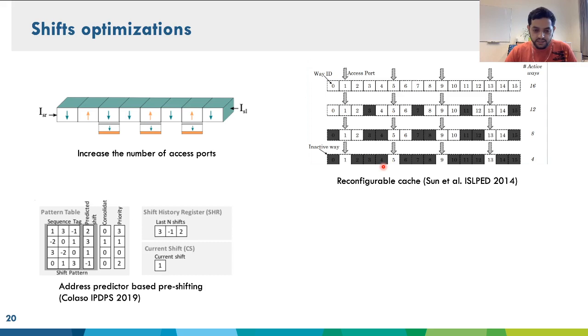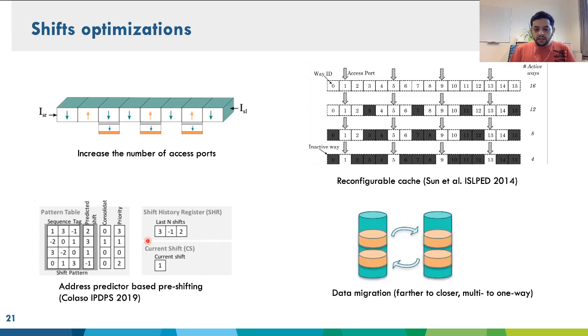Another solution is what we call pre-shifting. The intuition here is similar to prefetching. In prefetching, you access data from memory proactively, and pre-shifting is basically the same thing, but instead of fetching data, you align data to the port positions proactively. That's why we call it pre-shifting.